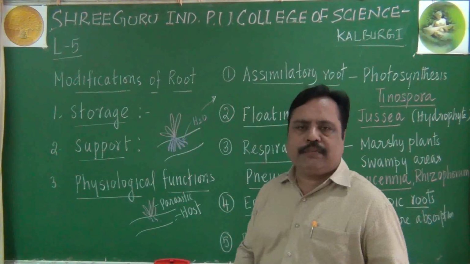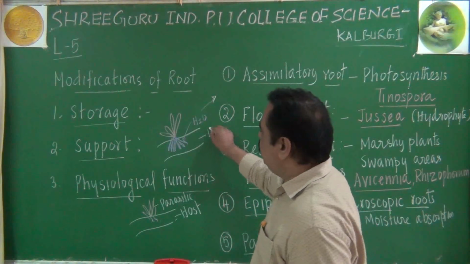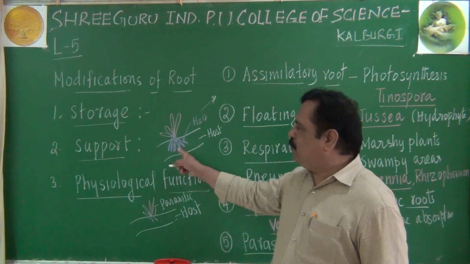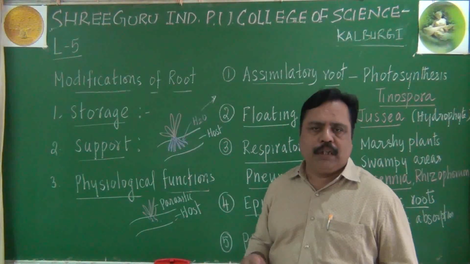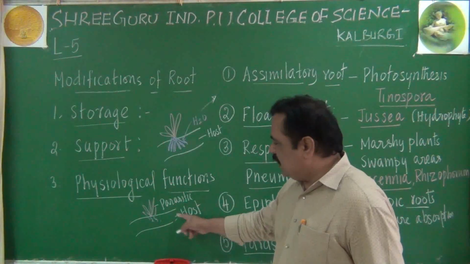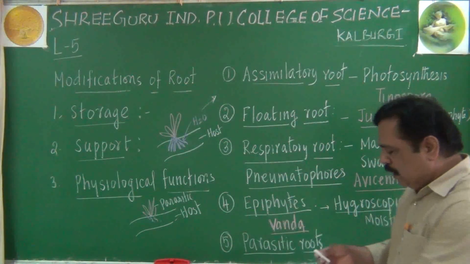These parasites will harm the host. Epiphytes will not harm the host. Remember this point. In epiphytes, the host is not harmed, not damaged, not affected. In a parasite, the host will be harmed. That is called parasitic root.